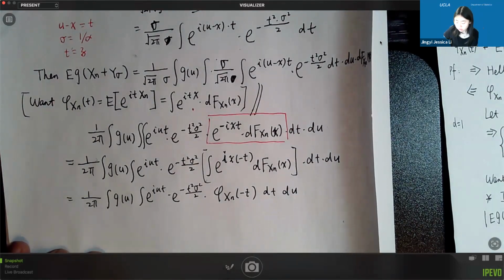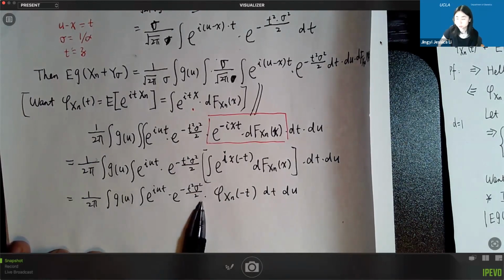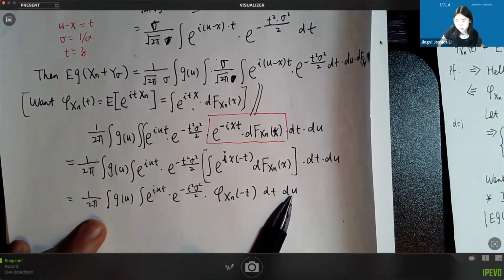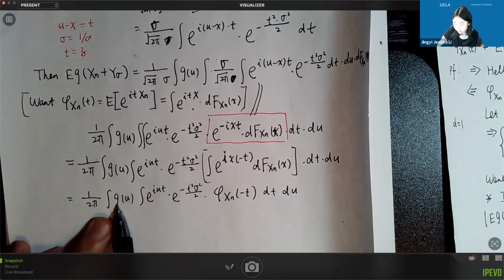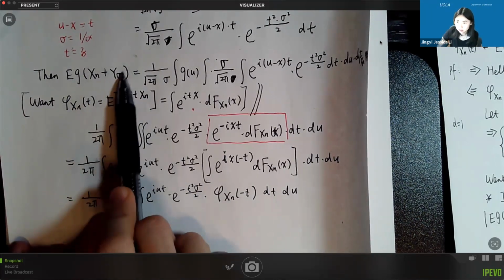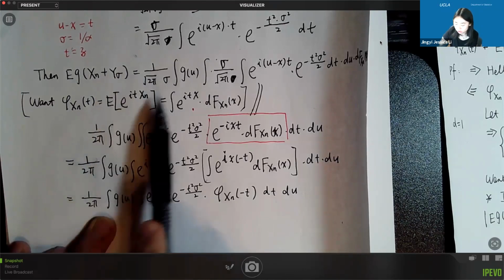You see, where Xn is, it's only in the characteristic function. All the other terms have nothing to do with Xn at all. The u is not, and the t is not. They were only here because of the g and because Y sigma is a Gaussian random variable. Now Y sigma is not apparent anymore because we embed it with the u.